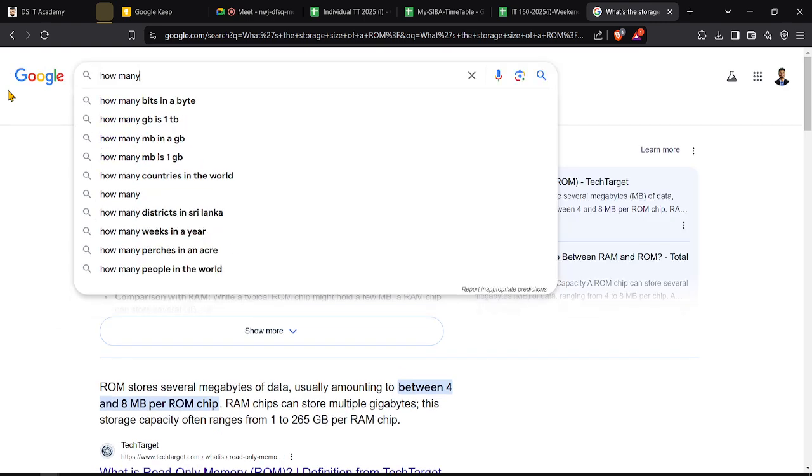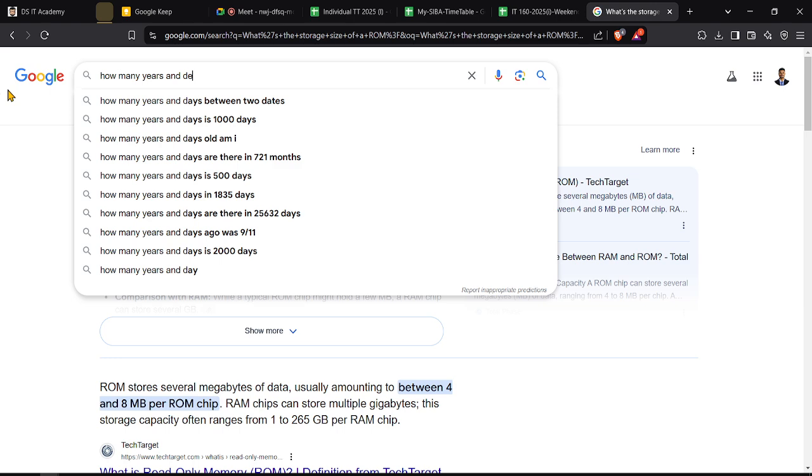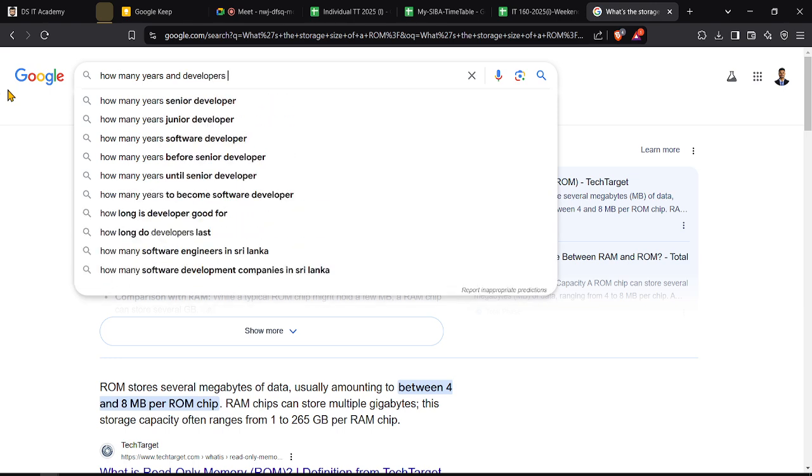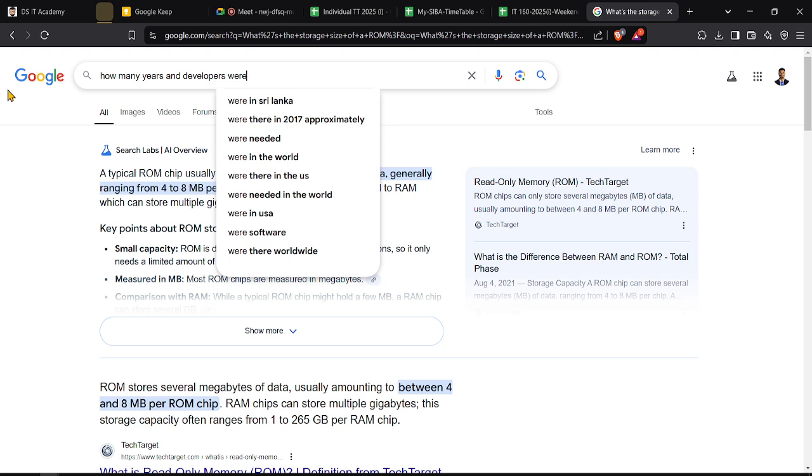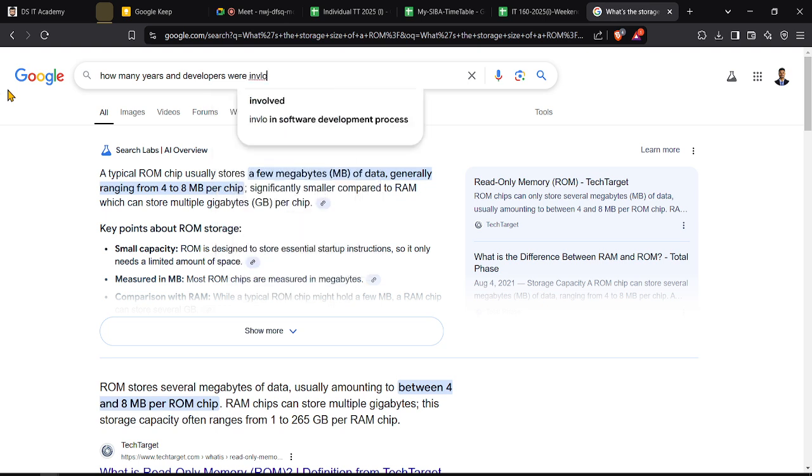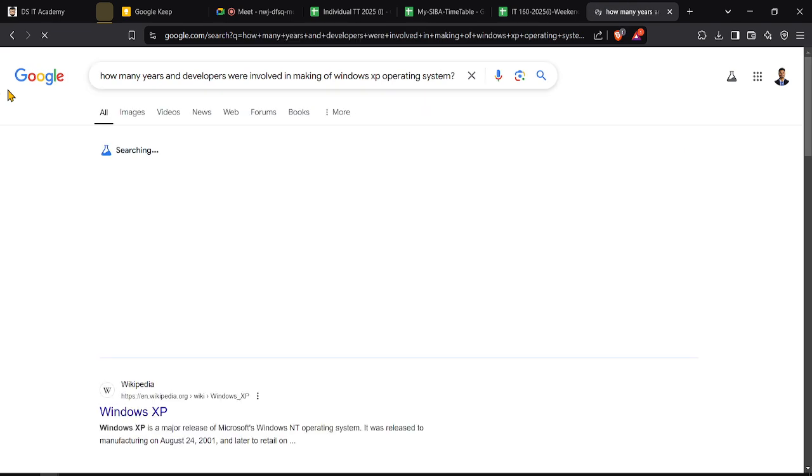how many years and developers were involved in the making of the Windows XP operating system. Right, we'll see how many people were involved.